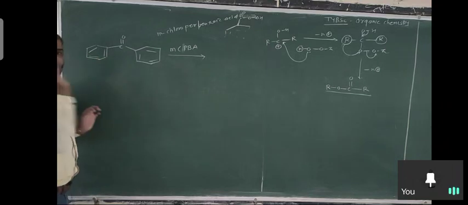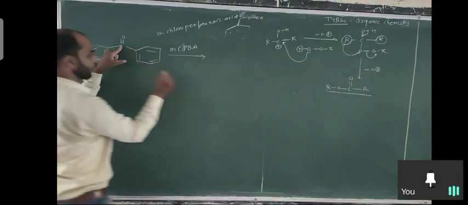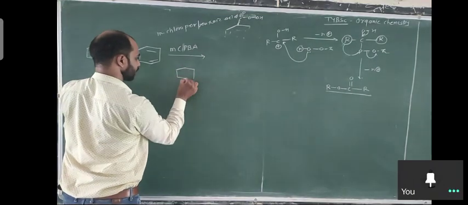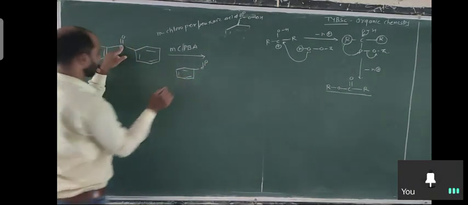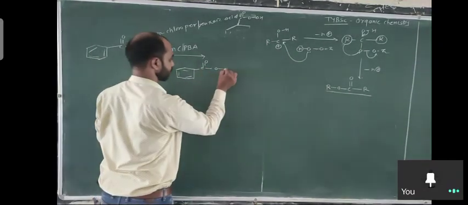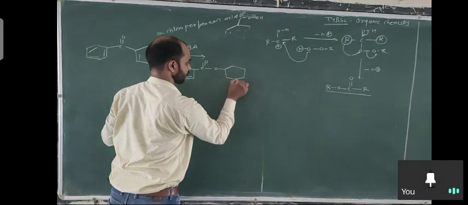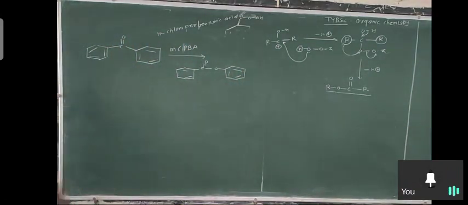You just introduce the oxygen between the carbonyl and this carbon. So how will you write? Ring, after this carbon, carbonyl. After the carbonyl you write oxygen first, then write another ring. So ester. So this is the product. This is the product of the Baeyer-Villiger reaction. You can just directly write the product.